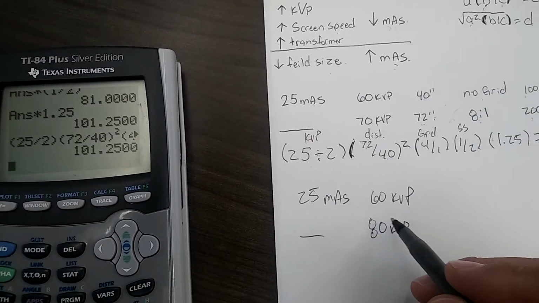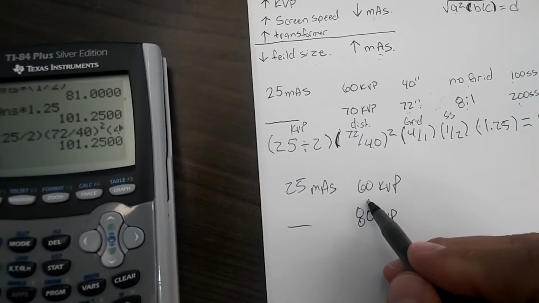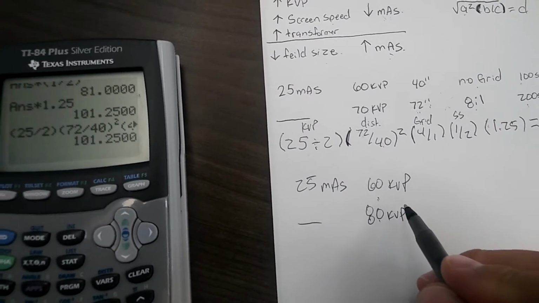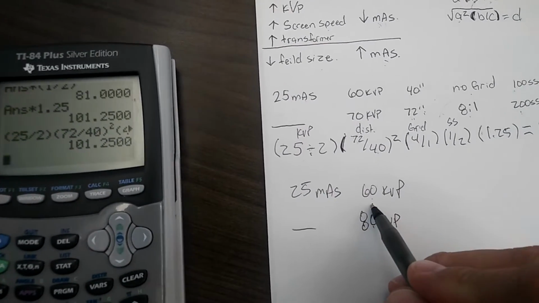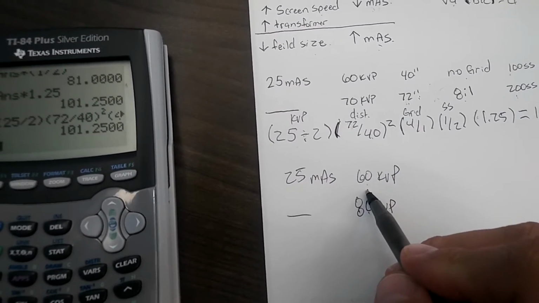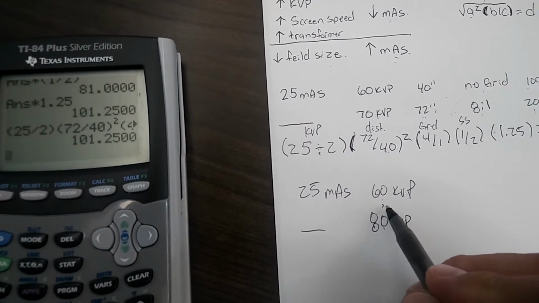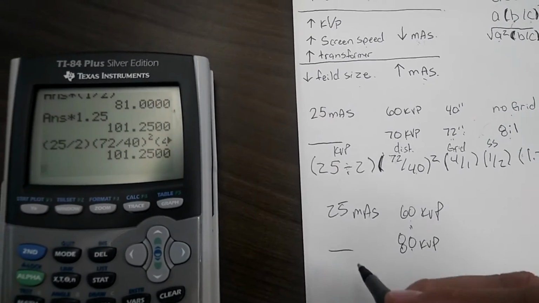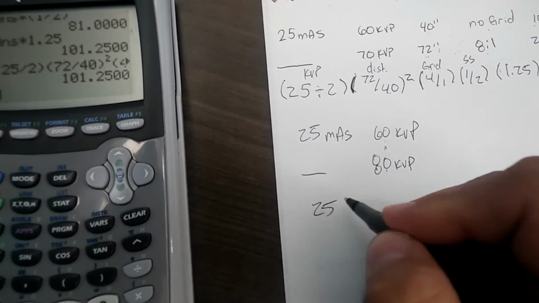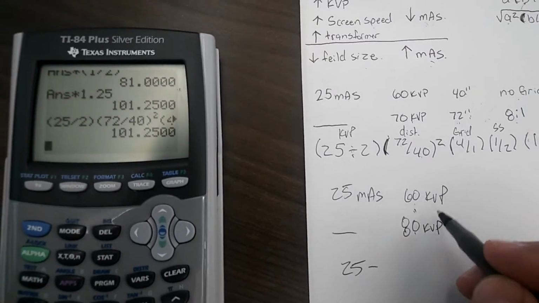I went from 60 to 70, then from 70 to 80. That's 2 jumps, 2 tens. 60 to 70 is one 10 kVp change, and 70 to 80 is another kilovolt change. That's 2 changes.